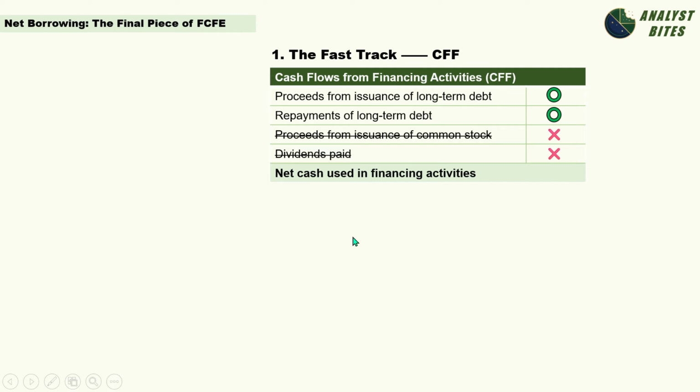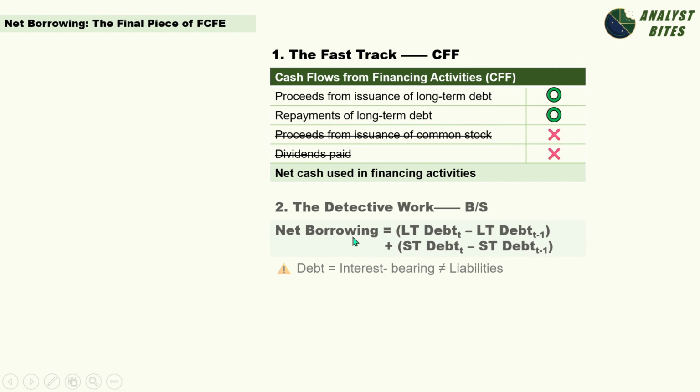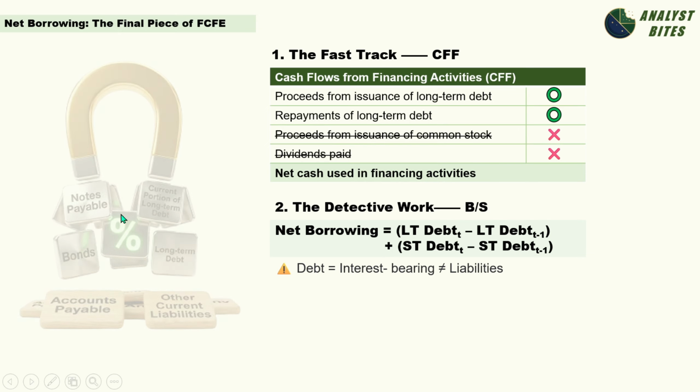The second method uses the balance sheet. Net borrowing is the change in both short-term and long-term debt. Crucial distinction here: debt is not the same as liabilities. Liabilities include everything you owe, but debt refers specifically to interest-bearing obligations. Look at our golden magnet.